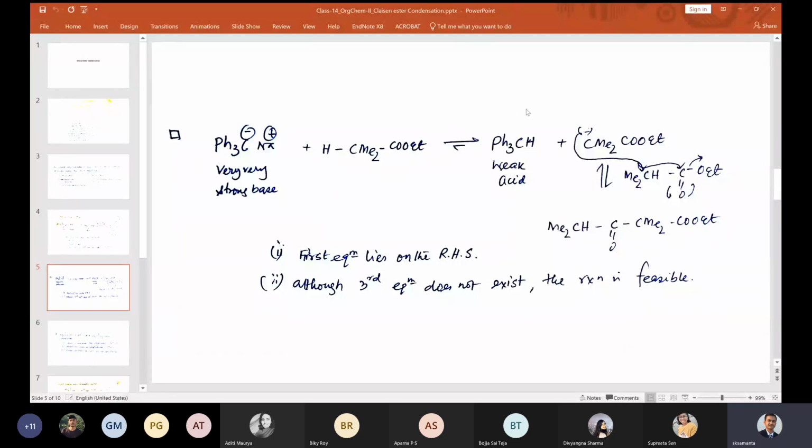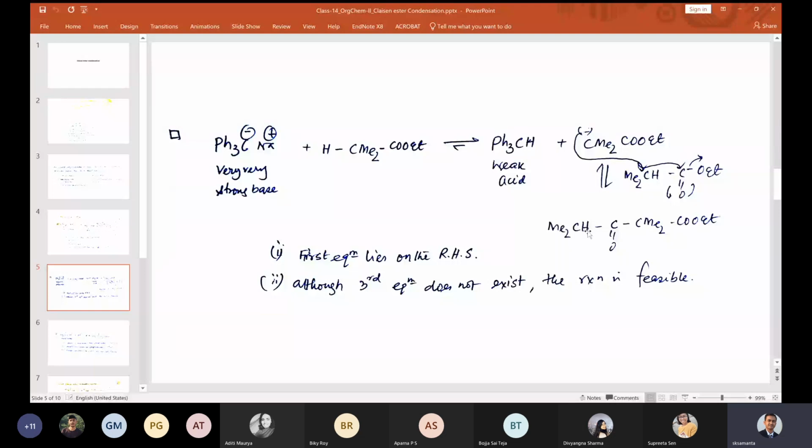Now did you understand this one? Yes, sir. Okay. So now that you have made this, this negative charge would now attack another molecule of this and you get this product. Although this does not have a third equilibrium. So the third equilibrium, the proton here is absent. It is not present.